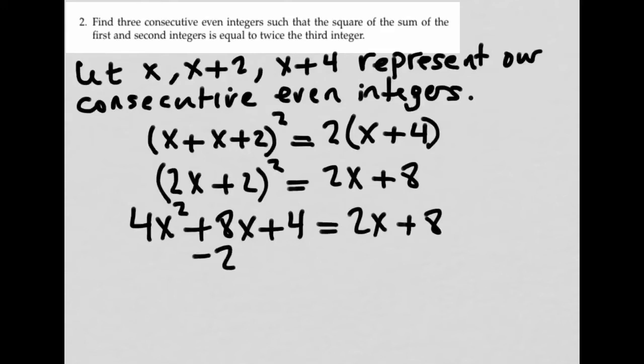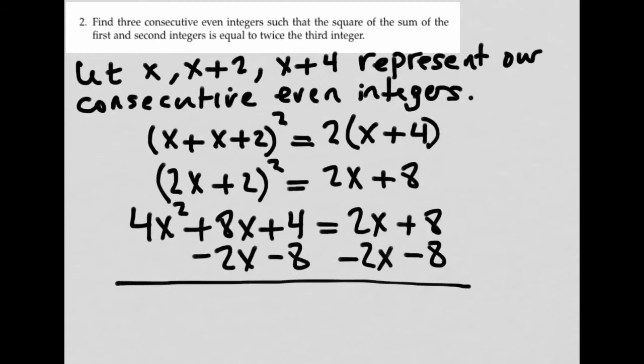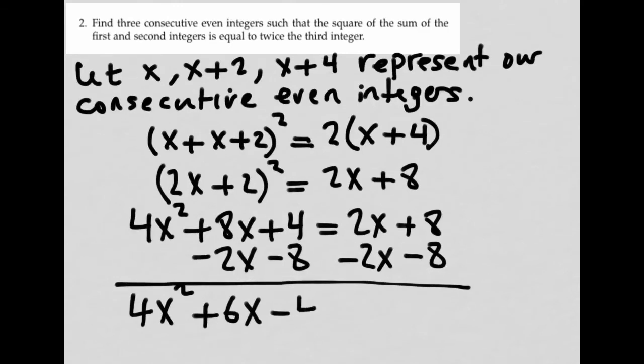Let's subtract 2x from both sides and subtract 8 from both sides to get the quadratic equation 4x squared plus 6x minus 4 equals 0. So let's write that again. 4x squared plus 6x minus 4 equals 0.